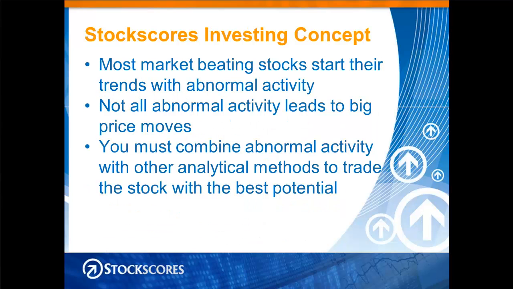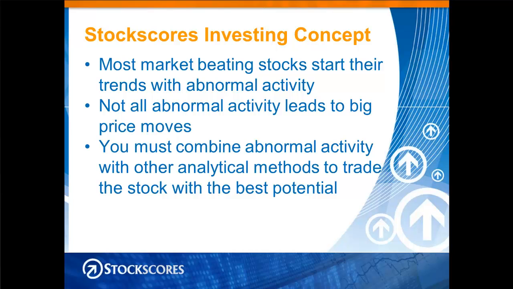All right, so most market-beating stocks have the same footprint. They have the same signal. If you go look at the top, I'm going to say top 50 best performing stocks in the market last year, you'll find that probably 45 of them will show the same characteristic early in their upward trend.